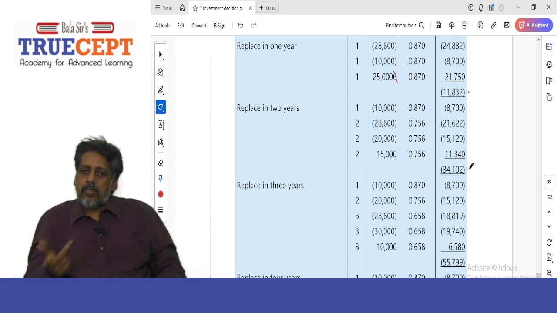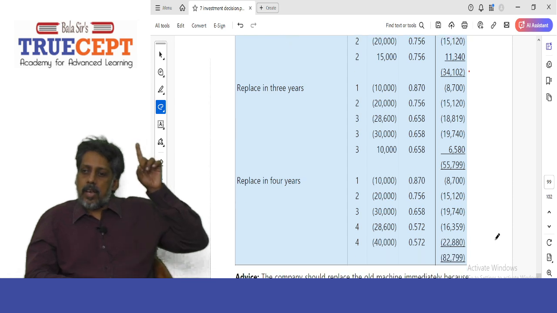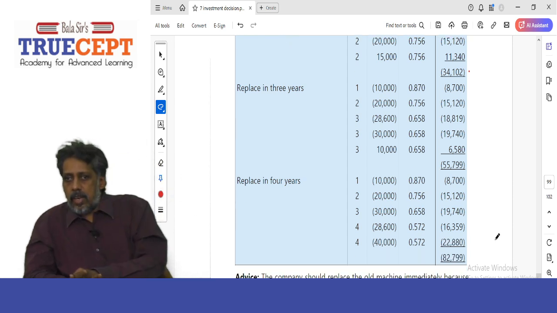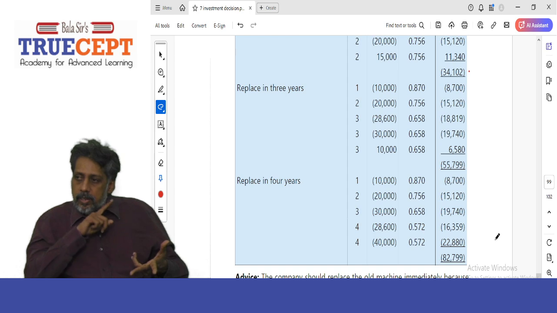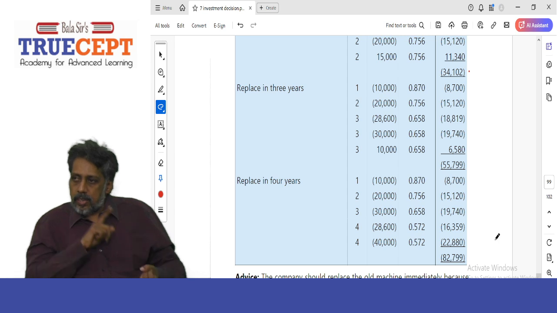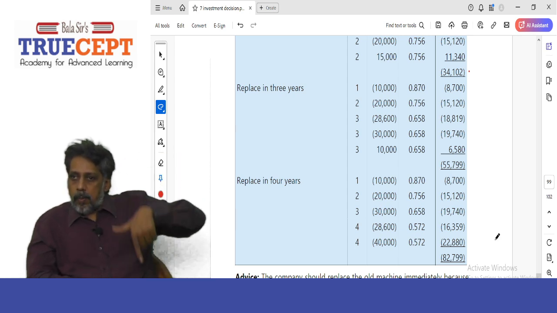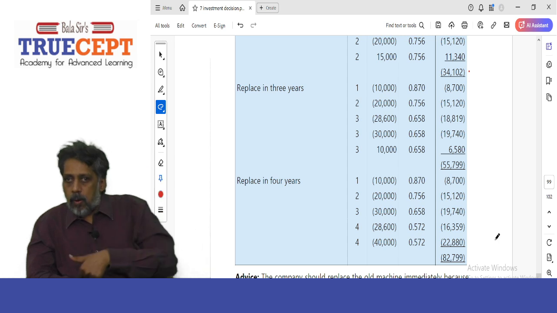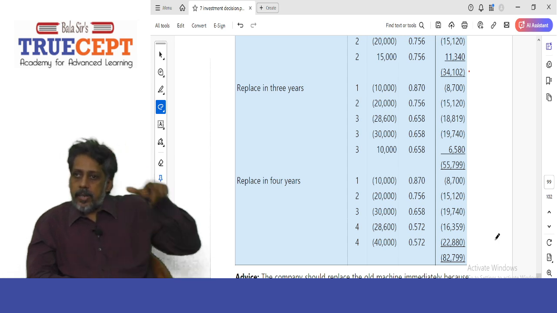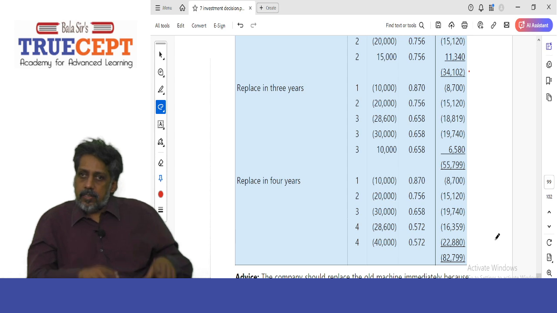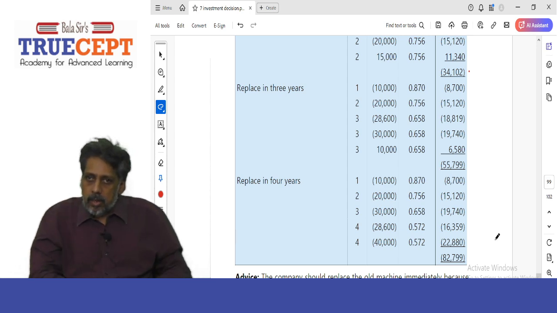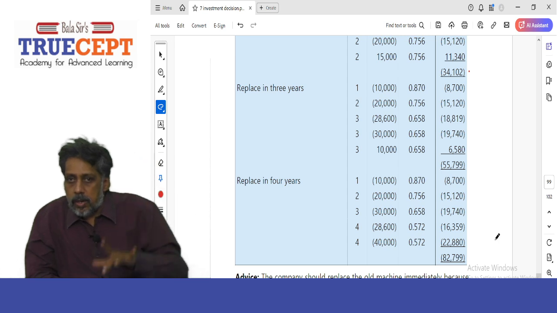Then suppose I decide to replace the existing machine at the end of year 3. I have to incur rupees 10,000 in the first year for maintenance, 20,000 for the second year, and 30,000 for the third year, and I'll be able to enjoy 10,000 inflow, and I have to spend 28,600. That's an equated annual cost, the cost of running the new machine on a per annum basis.